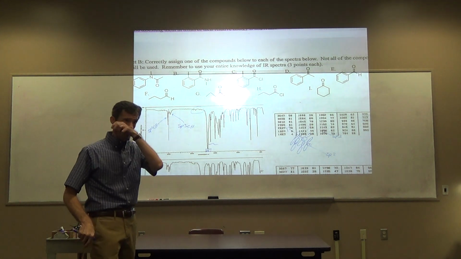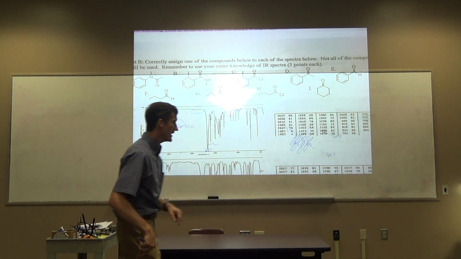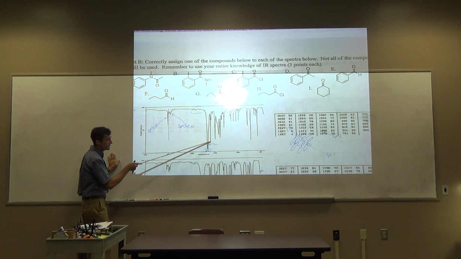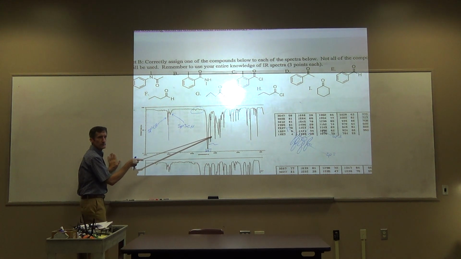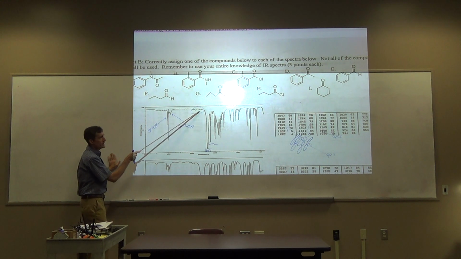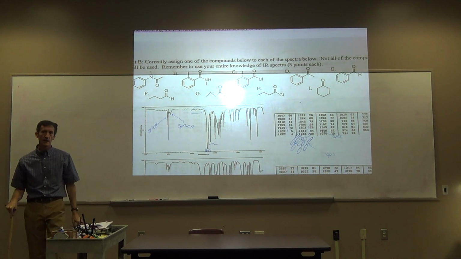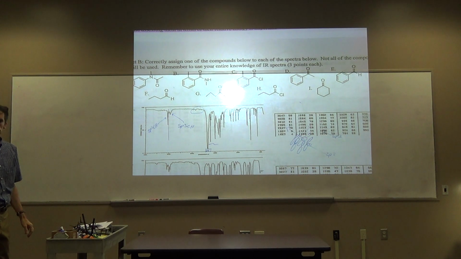Yes, and the ranges are 1600, 1500. You get a couple of peaks in there for the carbon-carbon double bonds of the benzene ring. Between there and here, you can tell it looks like an aromatic ring, and the most common is a benzene ring. So yes, it does look aromatic, and that's something you can start with.